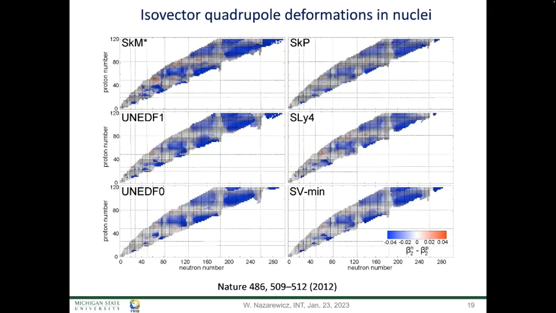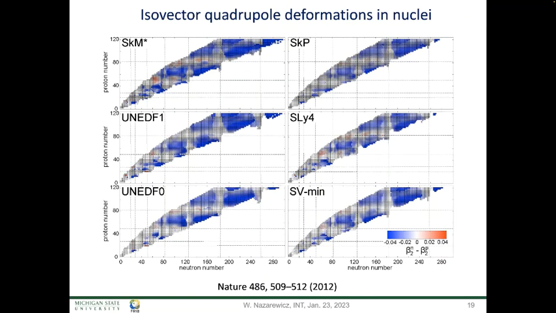And these are isovector quadrupole deformations, okay? So these are the differences between proton and neutron quadrupole moments as extracted from densities. And you can see that those isovector deformations are indeed very, very small.